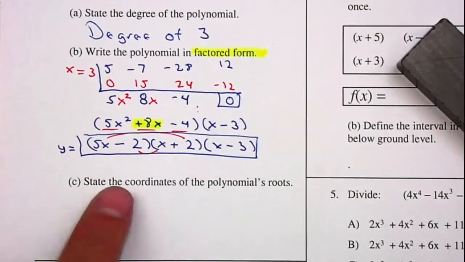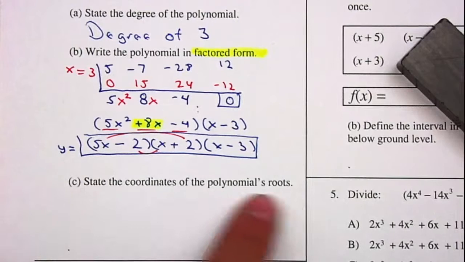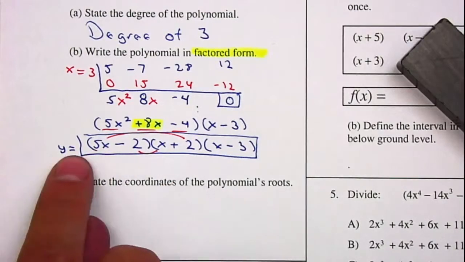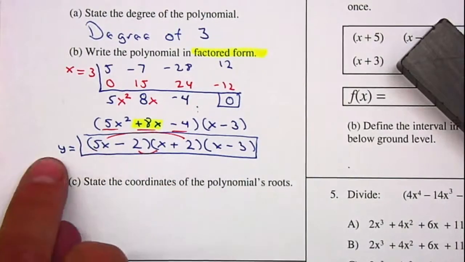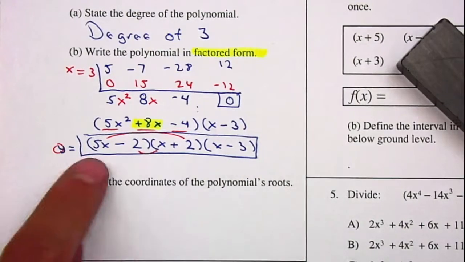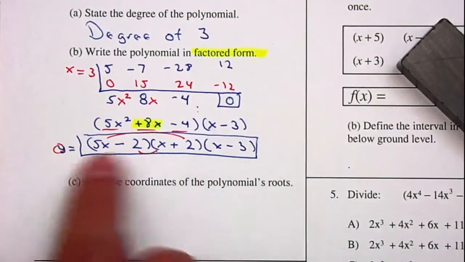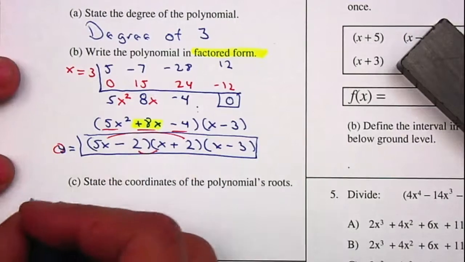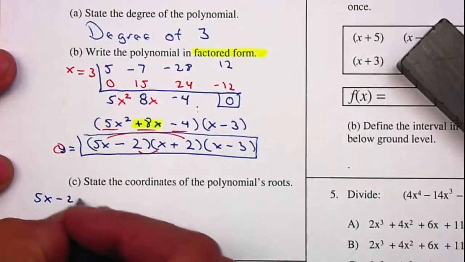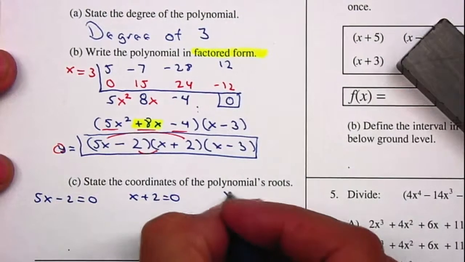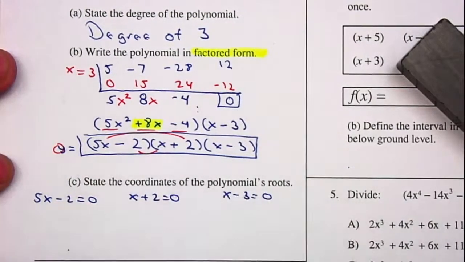Now, letter C says, state the coordinates of the polynomial's roots. So first we need to find the roots. To find the roots, you're going to let y equal 0. And we're going to use the zero product property because they're multiplying and they're equal to 0. We're going to place each one equal to 0. So we have 5x minus 2 equal to 0, x plus 2 equal to 0, x minus 3 equal to 0.